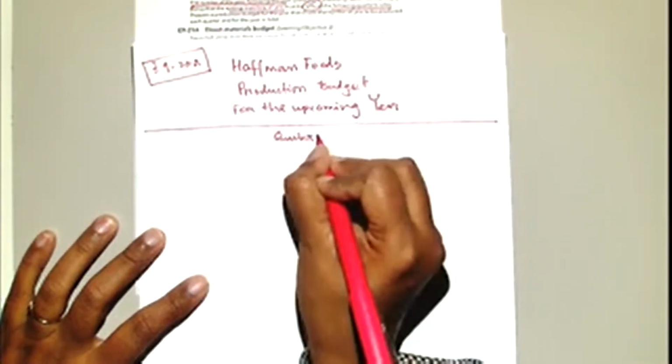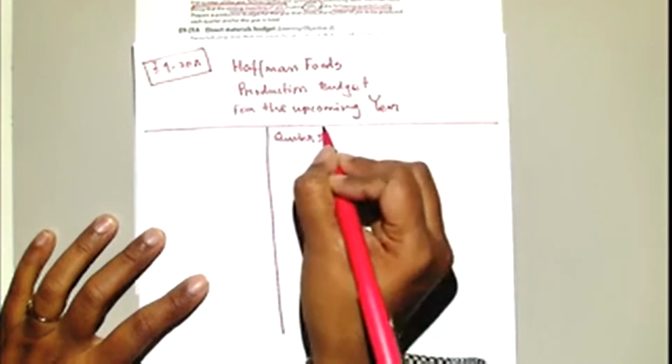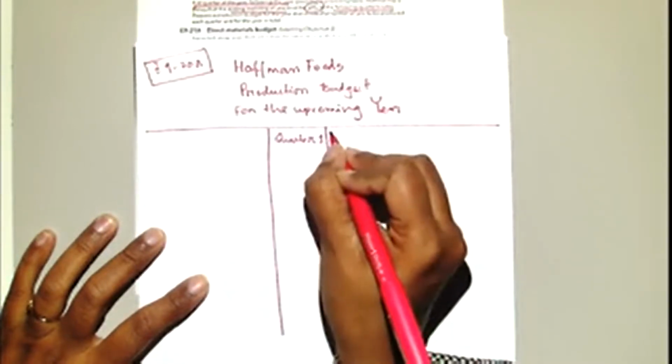Quarter 1. So draw 4 quarters columns and the total column.